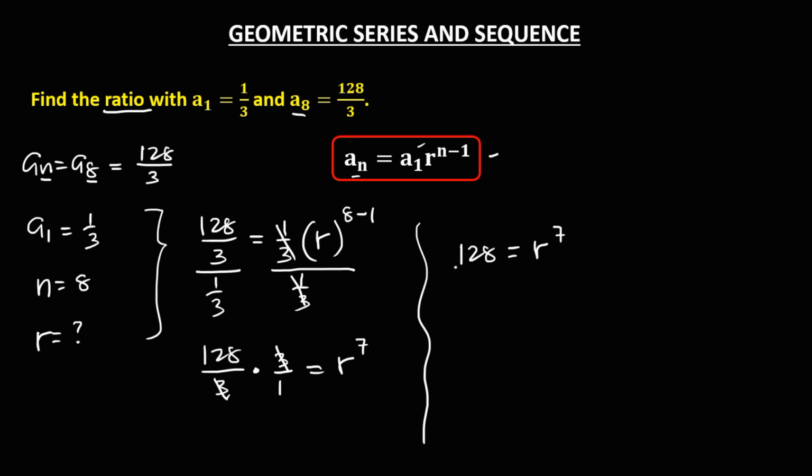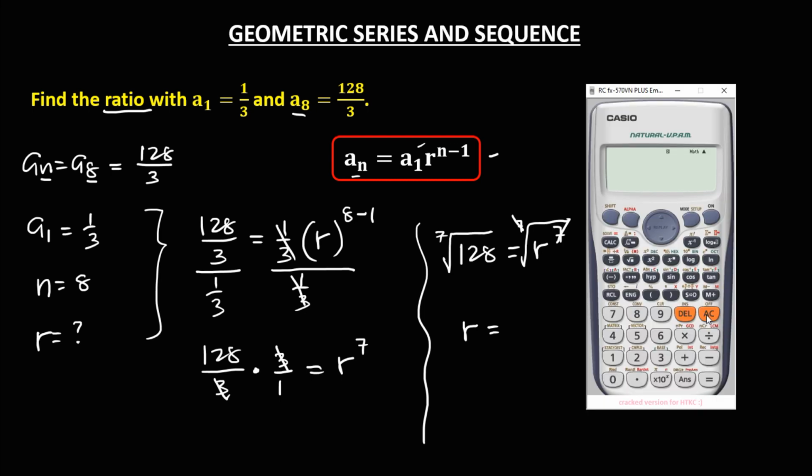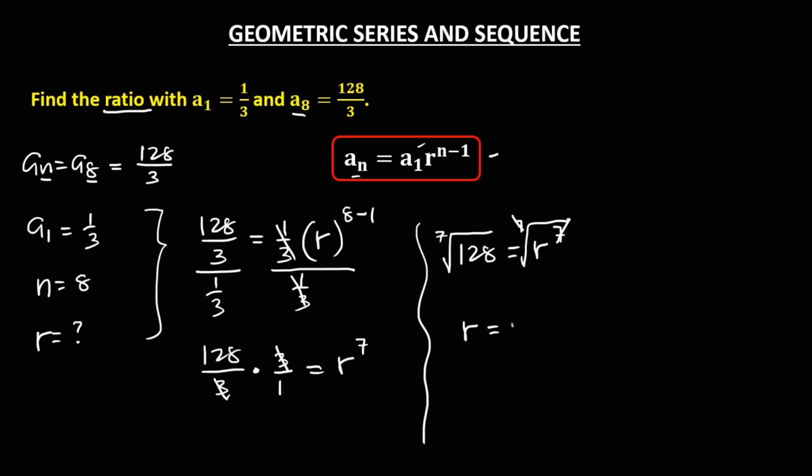Then to solve for r, the common ratio, since the exponent is 7, we just need to take the 7th root of both sides. So cancel this exponent. So r equals the 7th root of 128. Using a calculator, we have 7, then shift, the x root function, then 128 equals, so the 7th root of 128 is positive 2. So r, the common ratio, is positive 2.